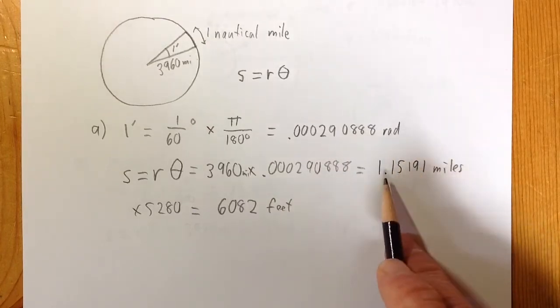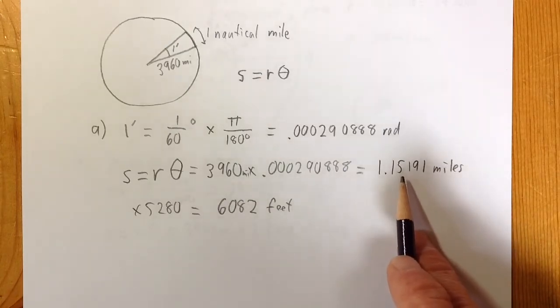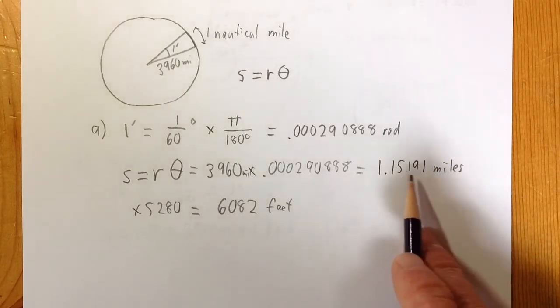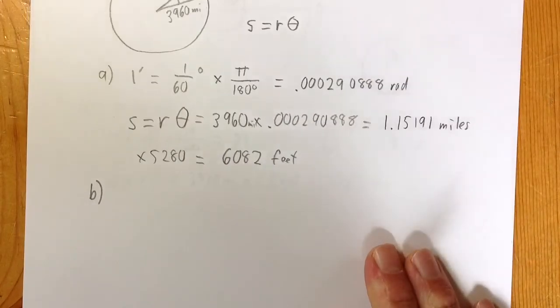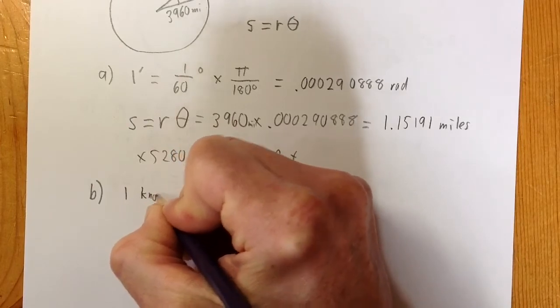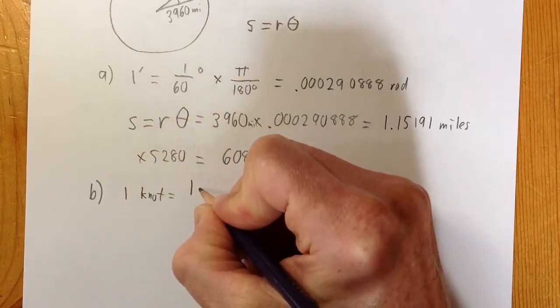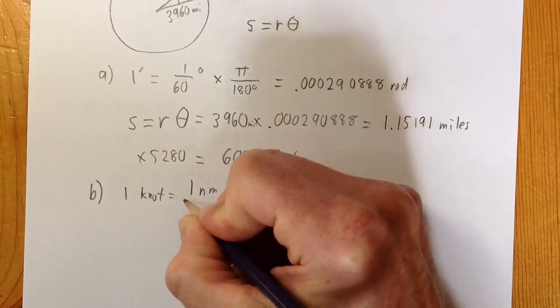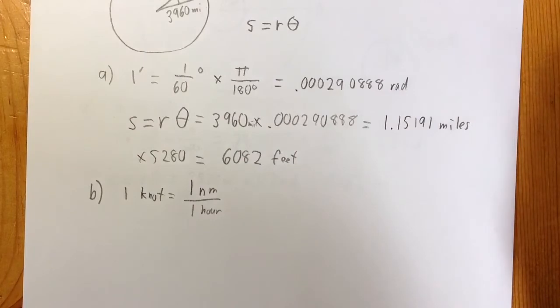So a nautical mile is a little bit bigger than a regular mile. So it's kind of nice, it's close, it's too bad it's not perfect, but whatever. Then in part B, they say a vessel that travels 1 nautical mile in 1 hour is said to have a speed of 1 knot. So 1 knot, which is a crazy thing again, is 1 nautical mile divided by 1 hour, 1 nautical mile per hour.